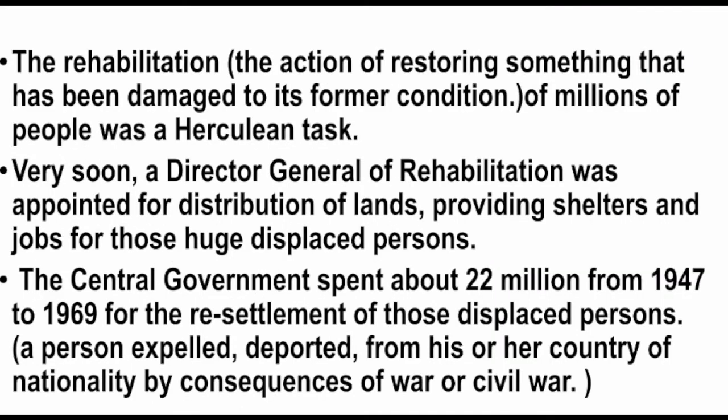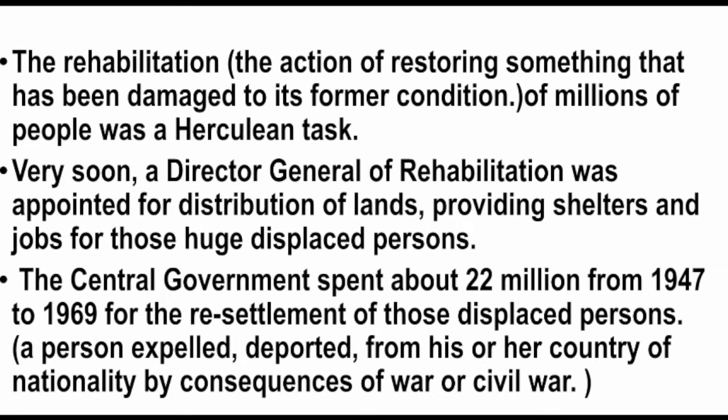The rehabilitation of millions of people was a Herculean task. Students, here rehabilitation means the action of restoring something that has been damaged to its former condition. So to help the people, very soon a Director General of Rehabilitation was appointed for distribution of lands, providing shelters, that means homes, and jobs for those huge displaced persons.